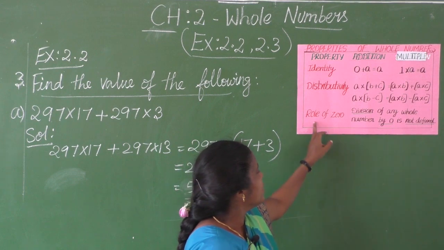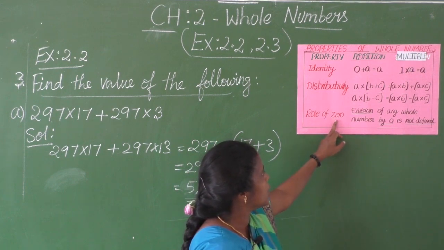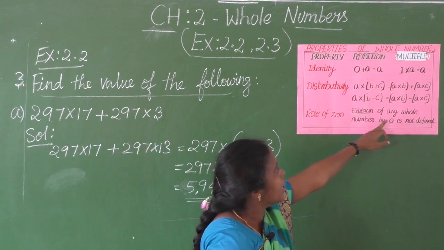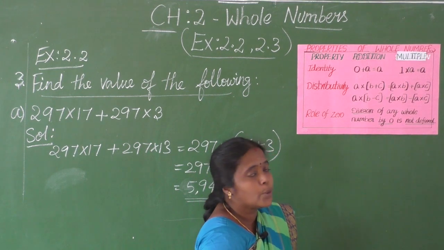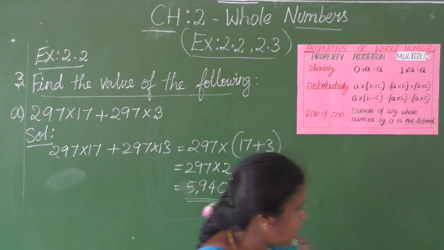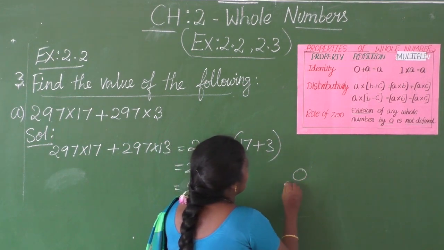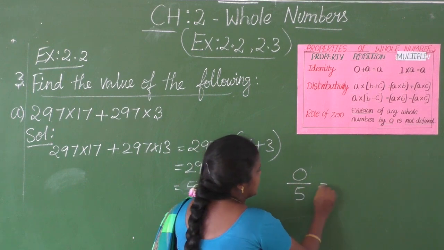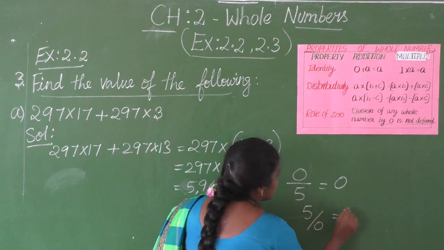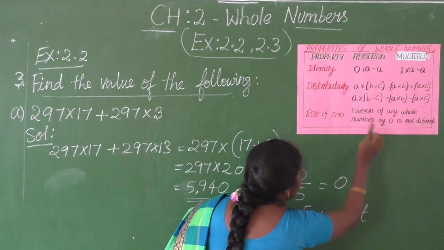What are you going to tell about 0 for division? Division of any whole number by 0 is not defined. What they are telling here is, see, 0 by 5 is equal to 0, but 5 divided by 0 is not defined. This is the meaning of this.